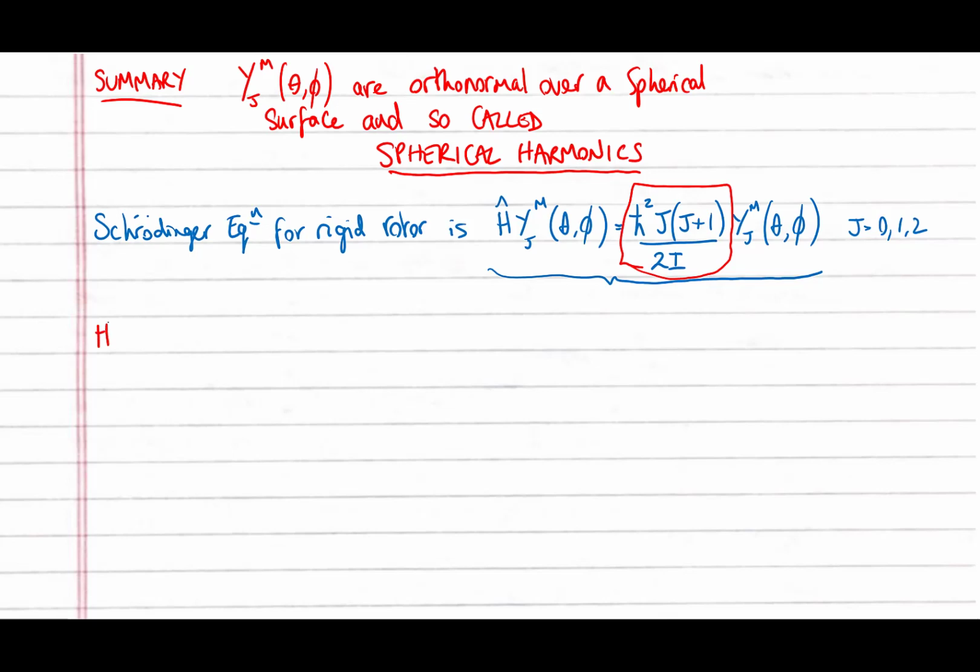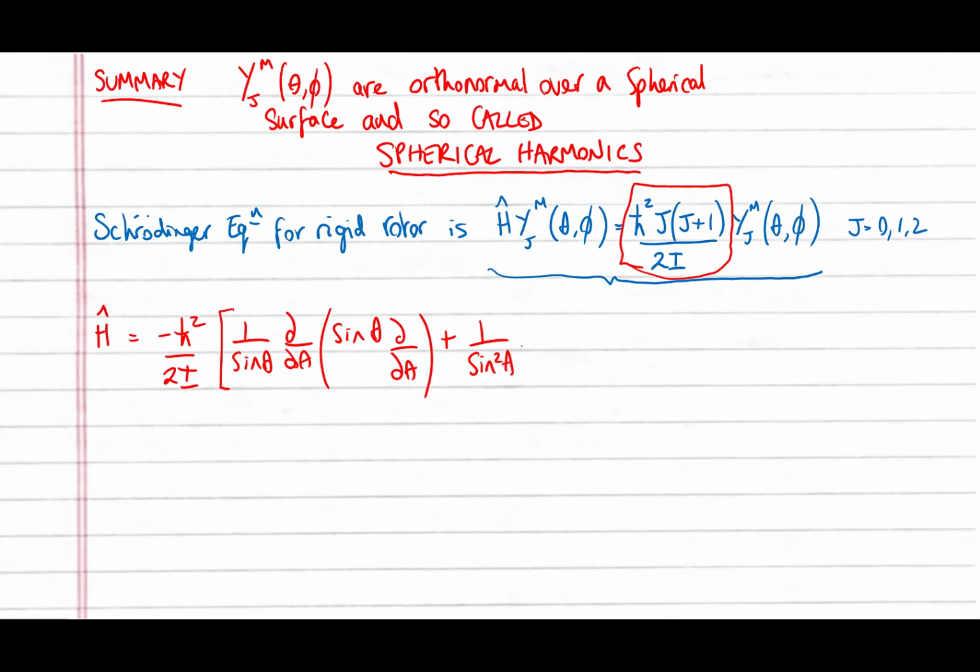Let's actually write the longhand for the Hamiltonian operator, and that is equal to minus h bar squared over 2I times 1 over sine theta, ∂/∂theta of sine theta ∂/∂theta, plus 1 over sine squared theta.